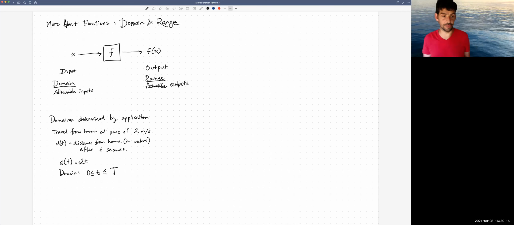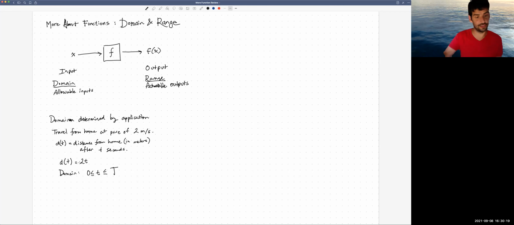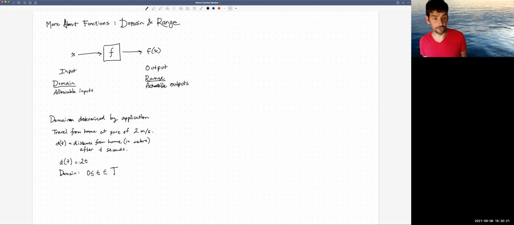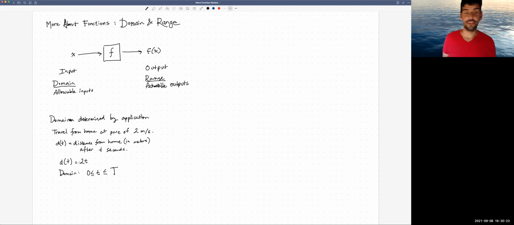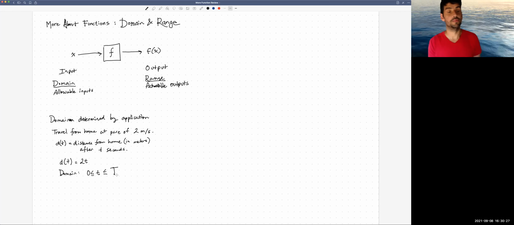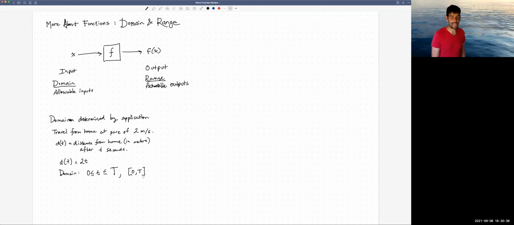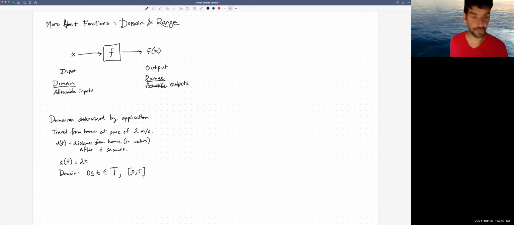I'm starting my clock when I'm at my home, walking 2 meters per second away, so it only starts at 0 and grows larger, okay? So in this case, this domain is determined by the nature of the problem. Another way to write this would be using interval notation, between 0 and that capital T, whatever that number is.